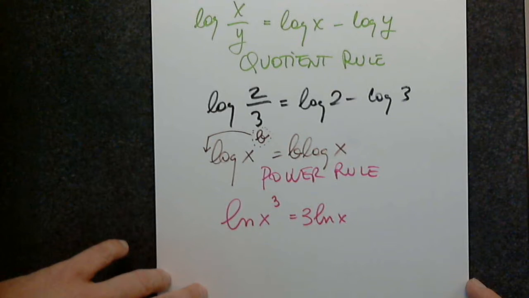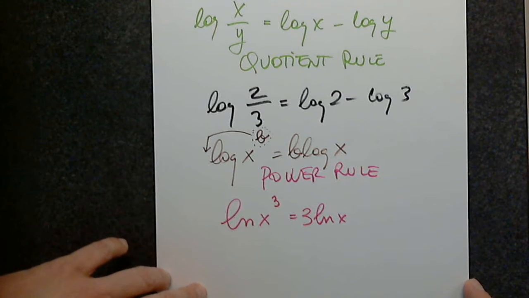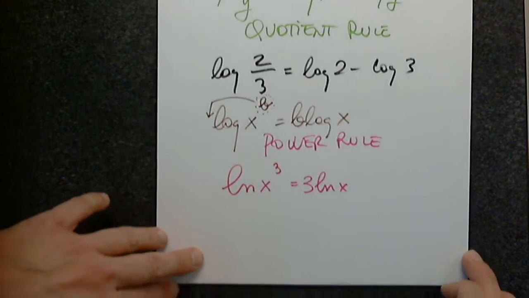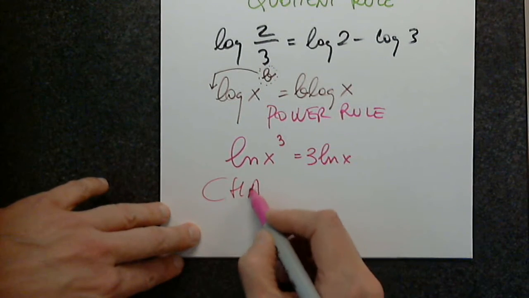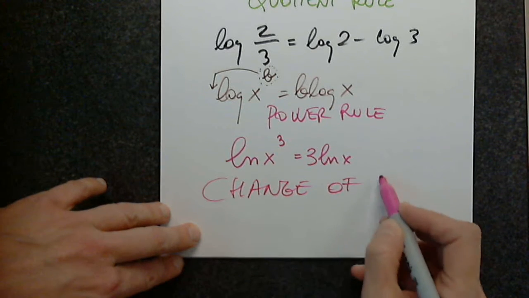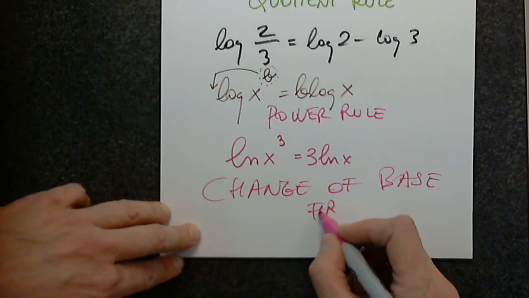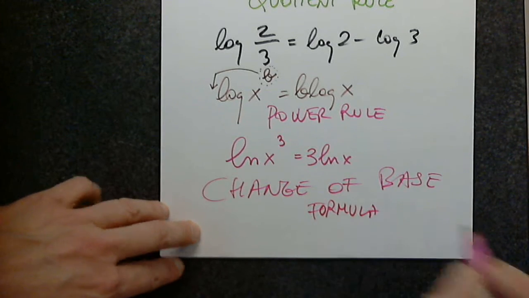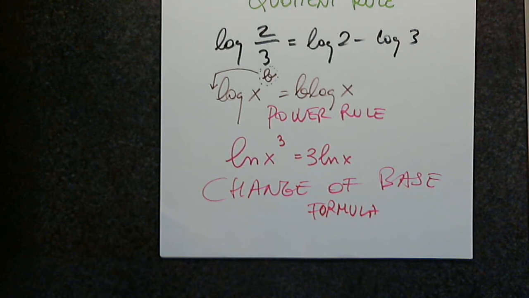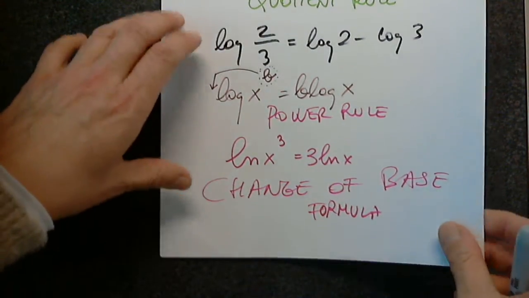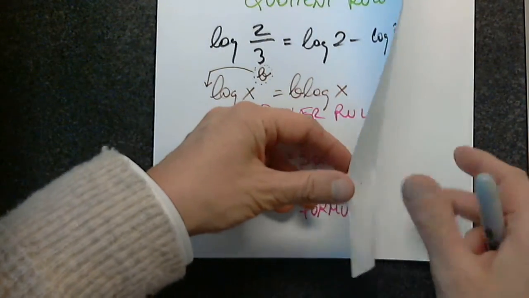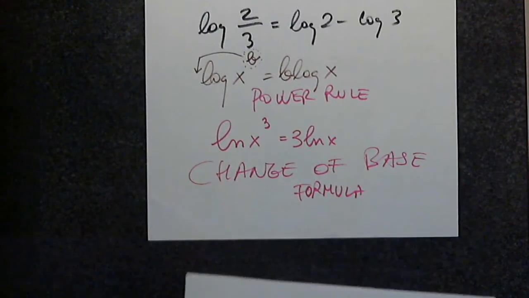Additional, I wouldn't call it a property, I would call it a formula if you want. It's the change of base formula. Change of base formula. Let's talk about this so we understand what this means.